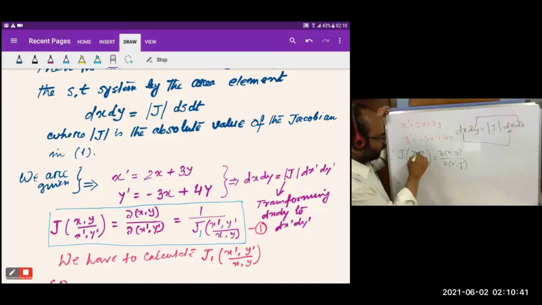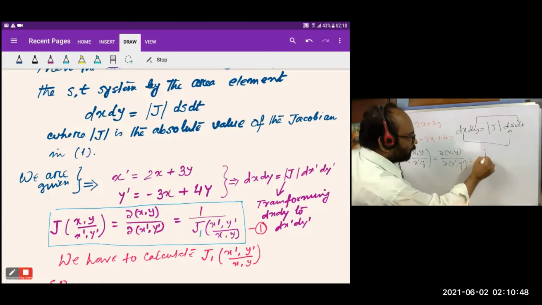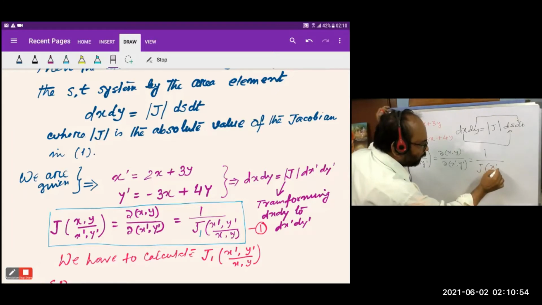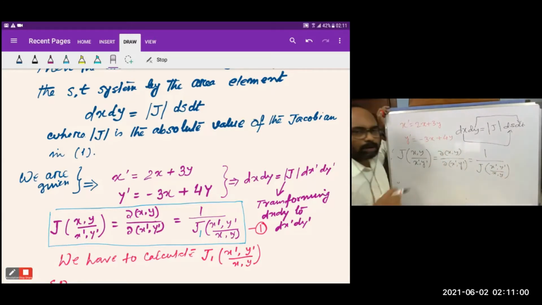So this Jacobian xy by x dash y dash can be written as 1 by Jacobian x dash y dash by xy. This is the property of a Jacobian.